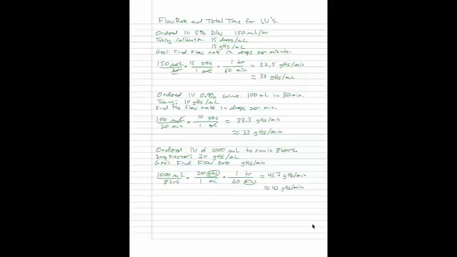So if we use the unit conversion dimensional analysis strategy, these problems are relatively easy. Now, to change it, we could also ask what the total time is for a given IV. So let's examine total time. And we'll say ordered 1,500 milliliters IV.